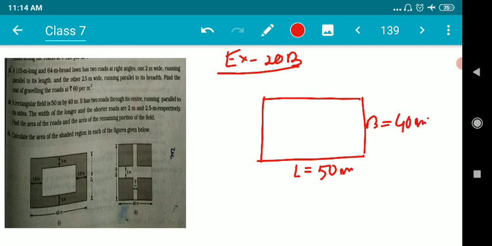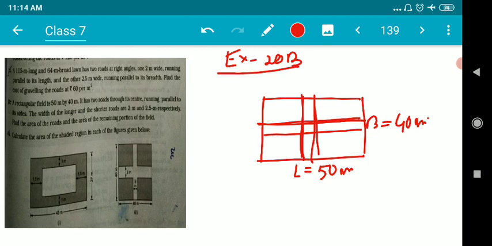Now, it has two roads through its center running parallel to its sides. One road is horizontal, right from the center of the field, and one is vertical, running right from the center of the garden.